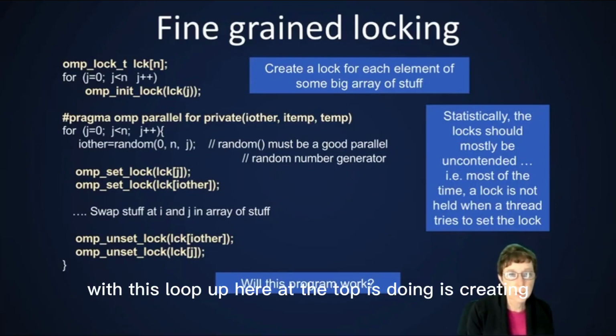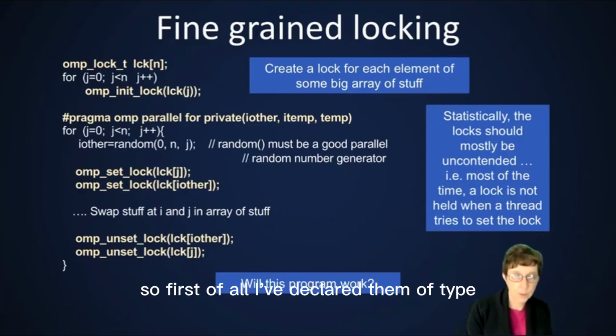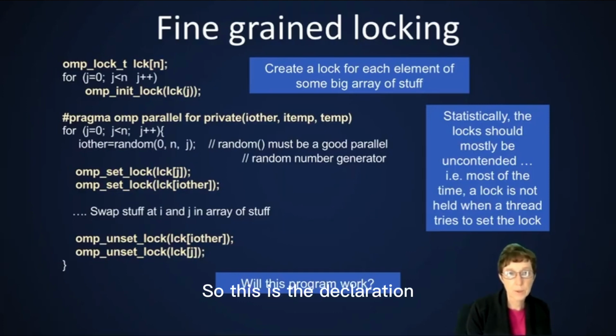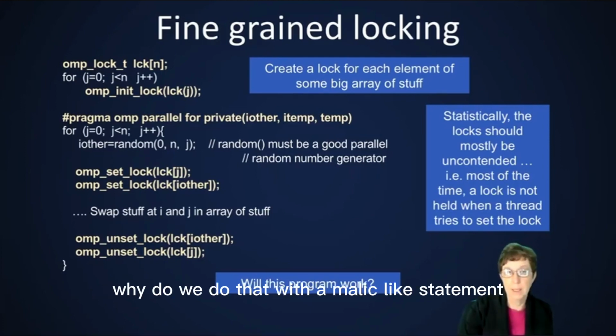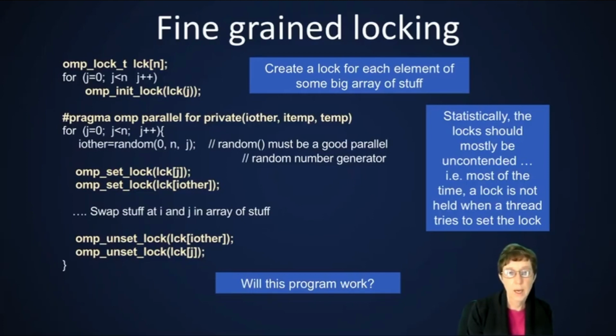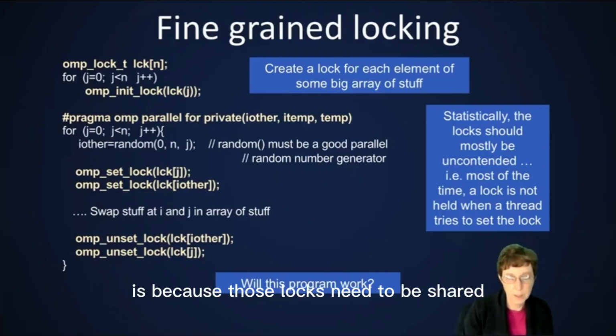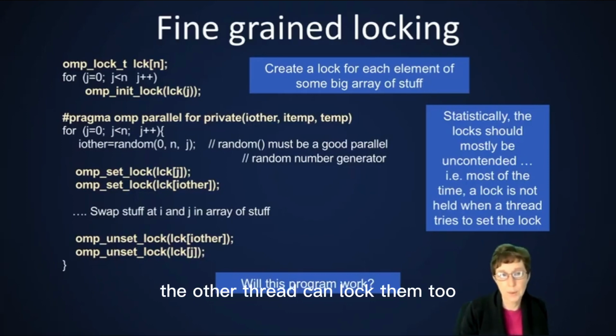So what this loop at the top is doing is creating an array of locks. First of all, I've declared them of type OpenMP lock T. This is the declaration. It hasn't created them or initialized them. Why do we do that with a malloc-like statement, which is really what this OpenMP init lock is doing? It's because those locks need to be shared, so that if one thread locks them, the other thread can lock them too.